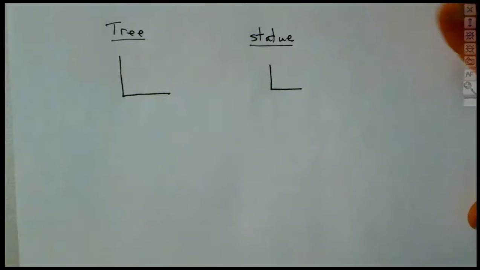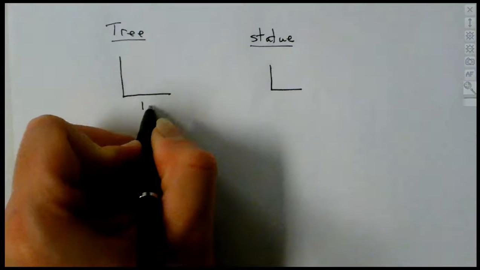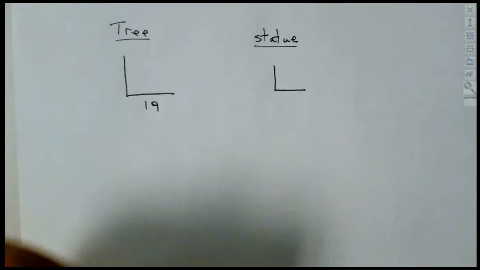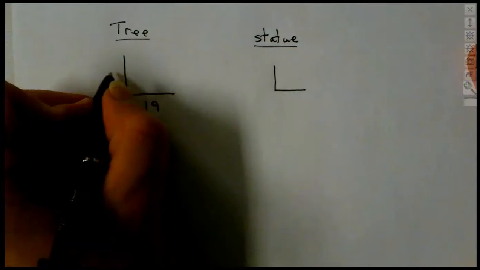Okay, and what do we know about this tree? Well, it says a tree casts a shadow that is 19 meters long. So this tree has a shadow, the length of that shadow is 19 meters long. Do we know the height of that tree? Does it tell us at all? No, we don't know that. So that's going to be our X there.